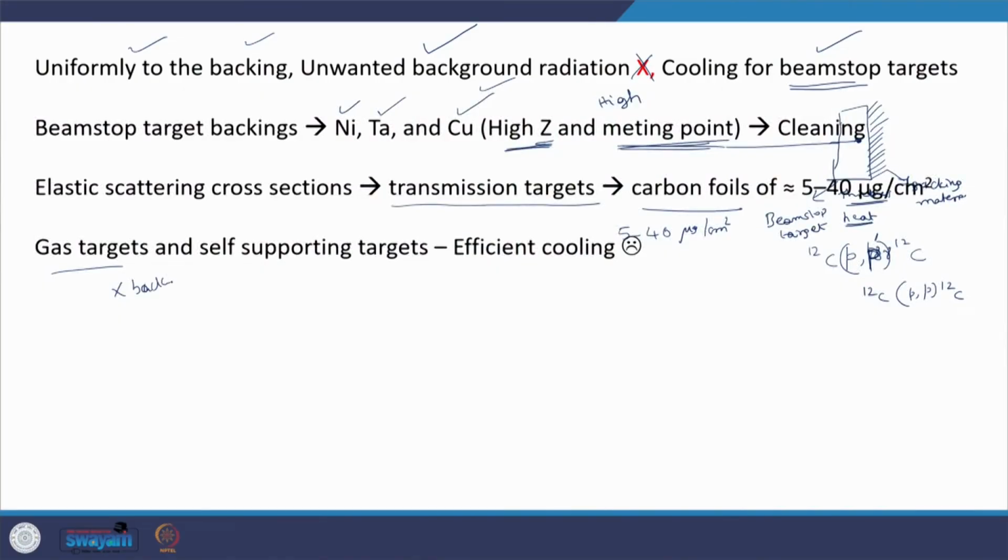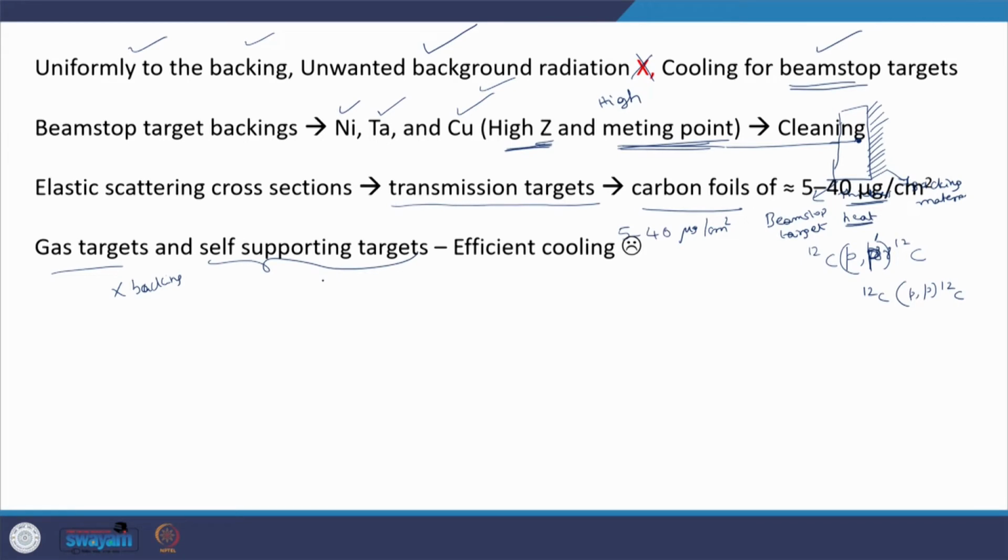The pressure has to be maintained in such a way that the reaction products can pass within the gas and get collected at the detectors. So, a gas target does not require backing materials.